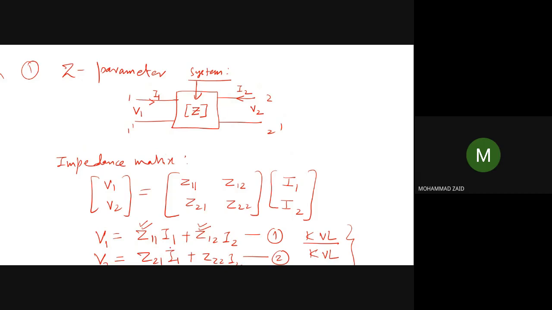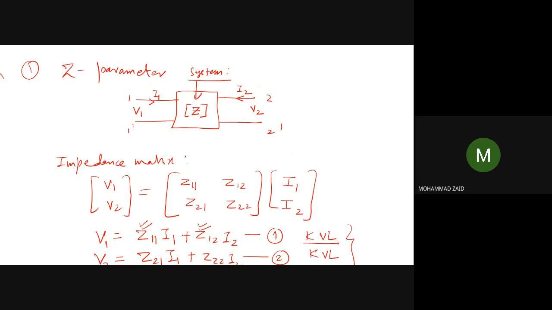If you open circuit the input port, that means if I1 is 0, then you can calculate Z12 as well as Z22. If I1 is 0, these terms will vanish. Z11 I1 will go away and Z21 I1 will go away. So you can calculate Z12 and Z22. Similarly, if I2 is 0, then you can calculate Z11 and Z21, by V1 by I1 or V2 by I1.